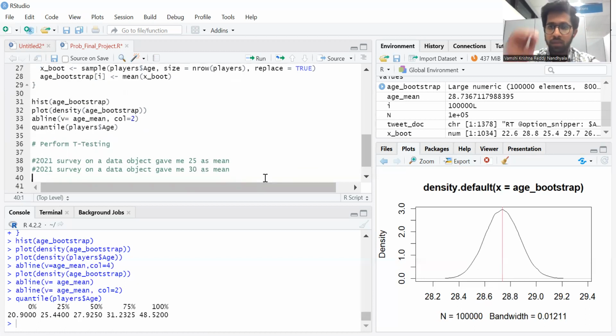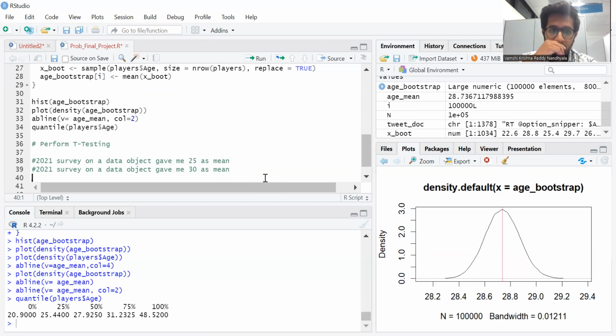So now I am in confusion whether my survey report is good or bad, whether my survey is going to fail or pass, and how accurate my survey is. This we can check with hypothesis testing.